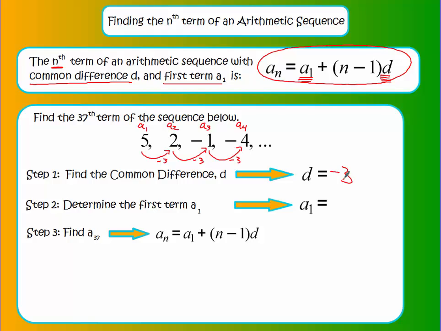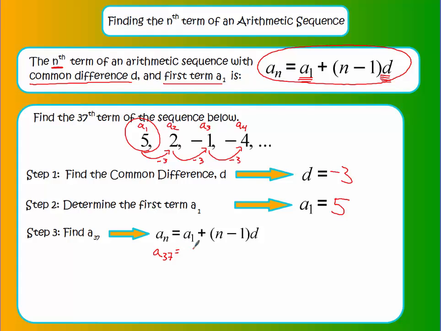We should also determine the first term, a sub 1, of the sequence. Well, that's easy. It's the first term. It's this one right here. So a sub 1 is 5. The first term is 5. So now let's find a sub 37. The one I'm looking for, this n, we're looking for a sub 37.